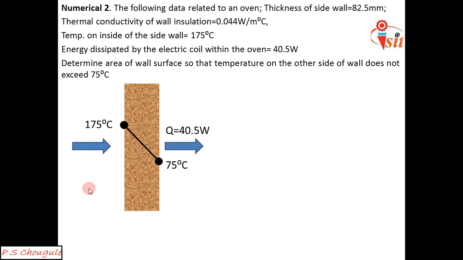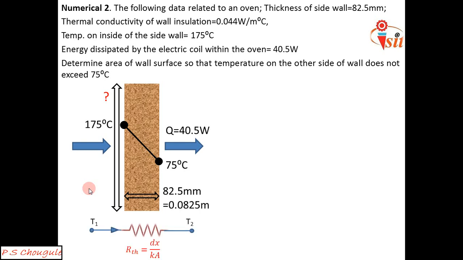That means the heat flow direction is in this way, and they have given the energy dissipated by the electric coil, which is 40.5 watt. Now this is the surface area which we need to find out. They have given the thickness in mm, we need to convert that into meter, 82.5 mm, which is nothing but 0.0825 meter.